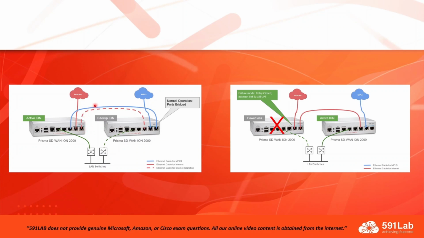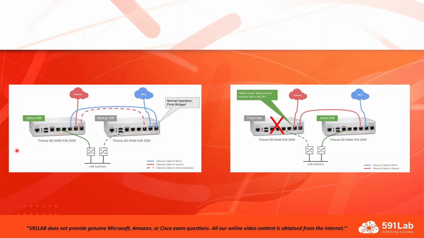The other port will be connected to the second ION device, and the second ION device will be connected to the MPLS link, and the second port of the fail-to-wire will be connected to the first ION device.